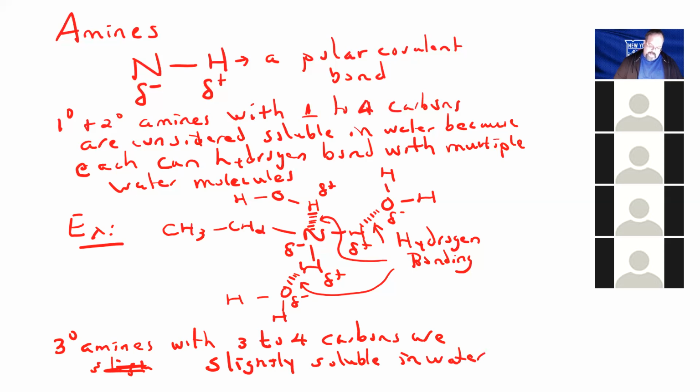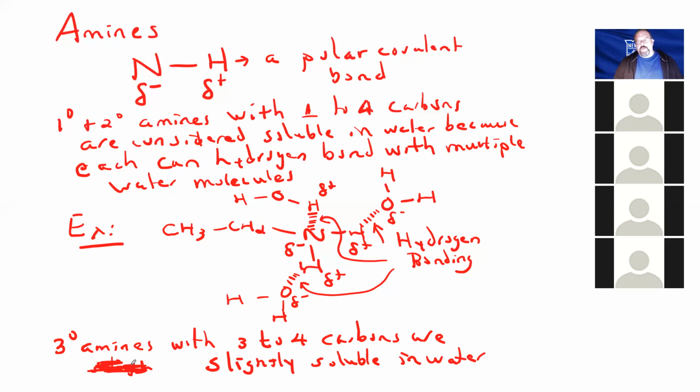And the argument that they make, which I understand a little bit, is that they still consider the nitrogen to have a partial negative charge, even when there are no hydrogens attached to it and there are carbons attached to it. So they talk about the nitrogen being able to hydrogen bond with a hydrogen of water. I don't know. I almost think they're almost insoluble in water. I mean, if they show some solubility in water, it's going to be very, very slight.